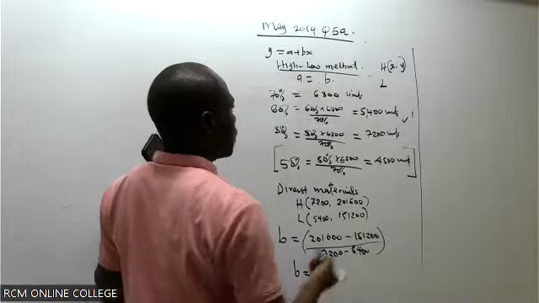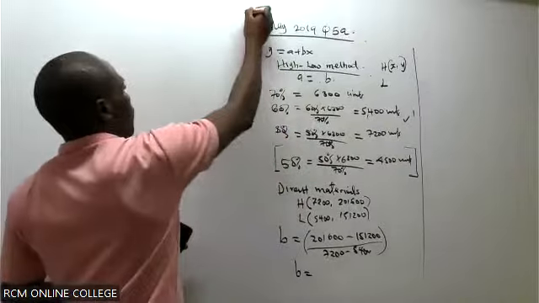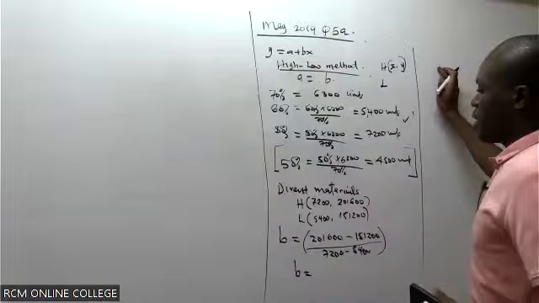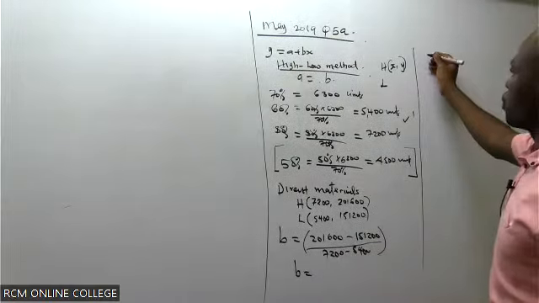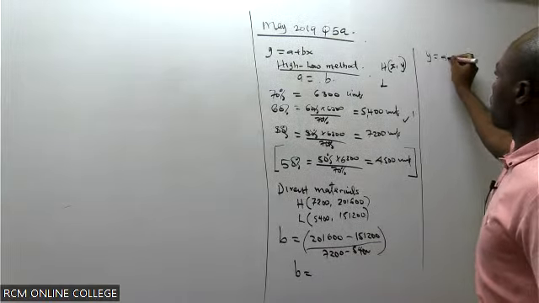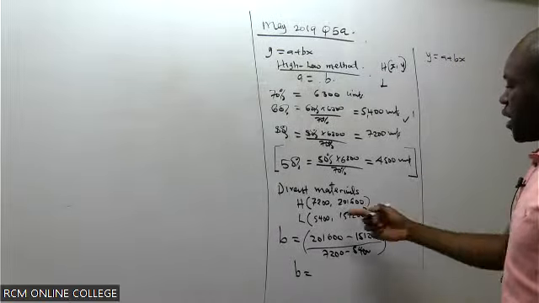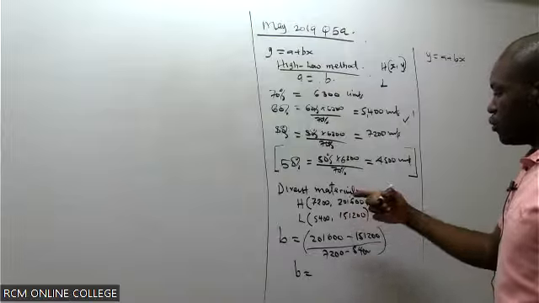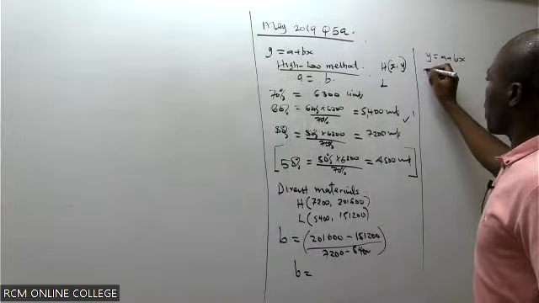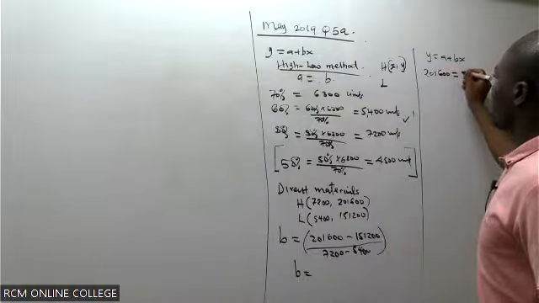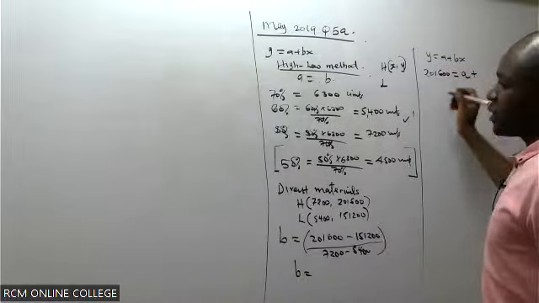Alafu tunaendelea tukuje wapi sasa? Tukuje hapa tutafute the value of A. Y, which is the total cost, is equal to A plus BX. Do we have Y? We pick any of the points, either the highest or the lowest. So tuseme tumetumia highest. Y, which is 201,600, is equal to A, atujui hiyo A, plus BX.